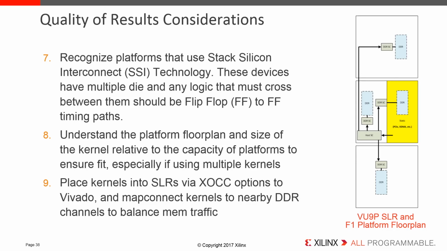The placement of the kernels should be such that they are each confined to a single SLR region. Logic that crosses SLR boundaries will have lower performance. Also, consider the location of the DDR channels and use map connect to connect kernels to the nearby DDR channels. You can provide the placement information through placement constraints for the kernel using XOCC options.